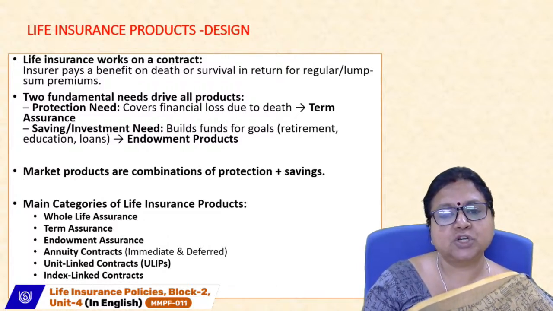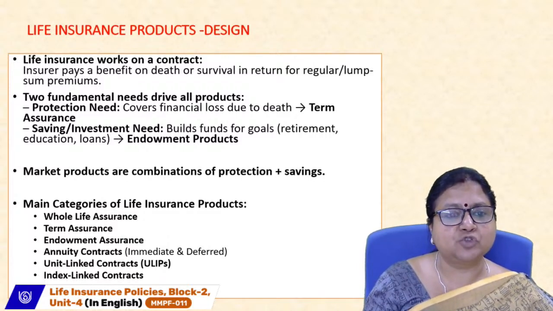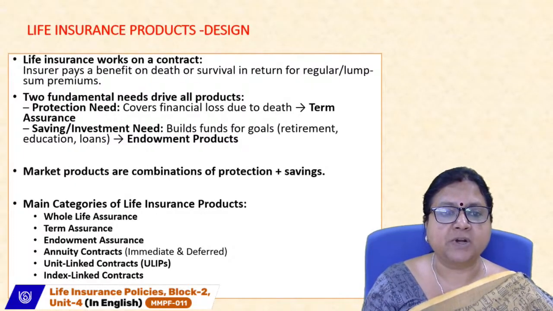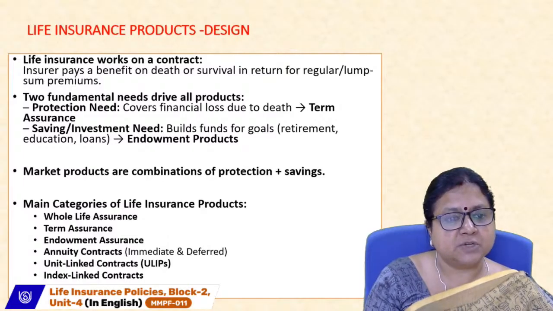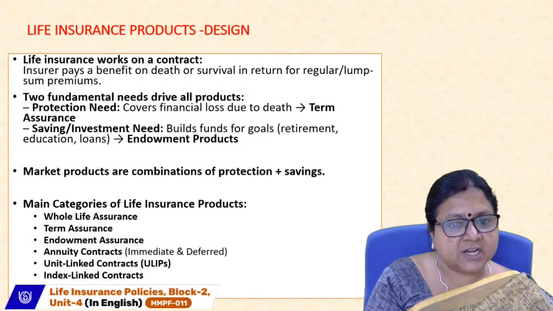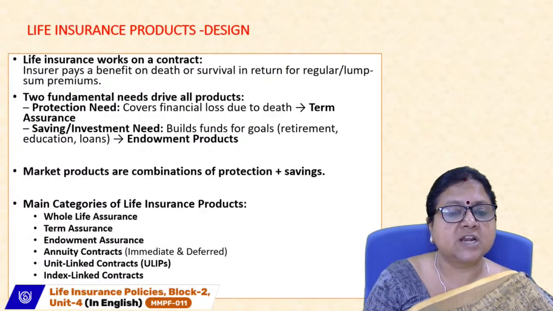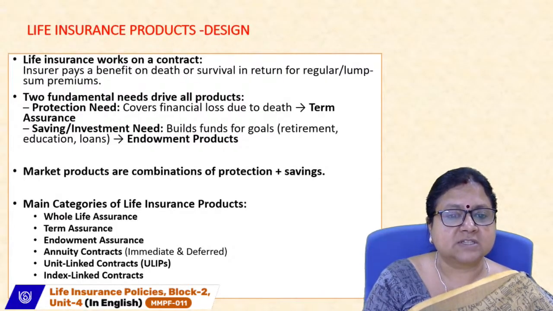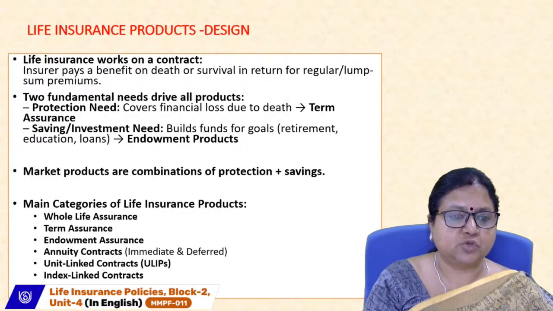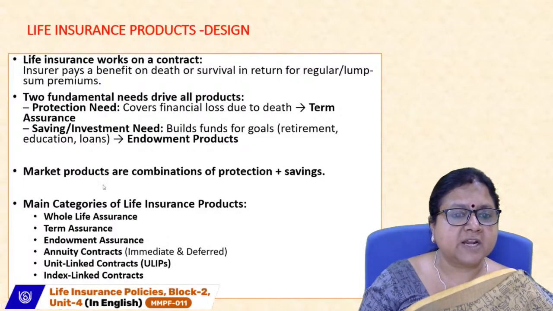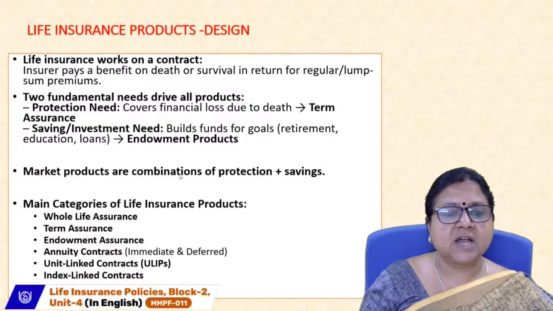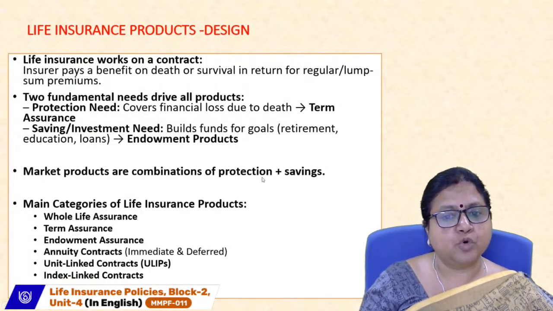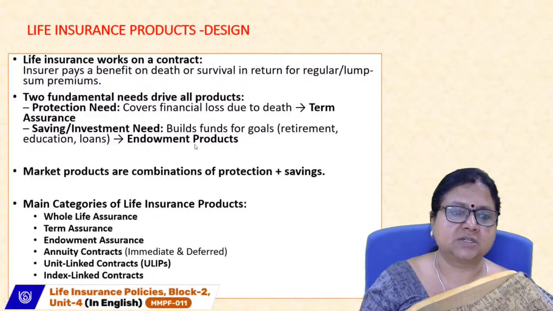When we are saving for a future goal, that is known as endowment products. So term insurance is related to mortality risk, and endowment products are related to the savings of the individual. Market products which exist in life insurance are a combination of both the protection as well as the savings or investment needs.